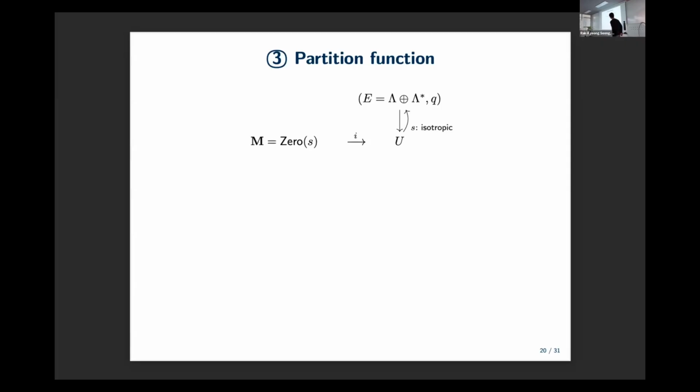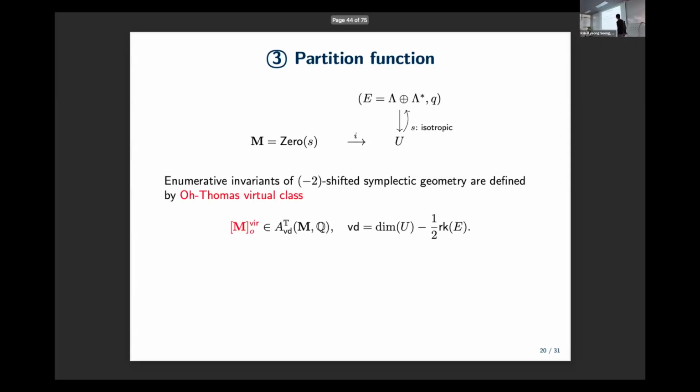So it's quite complicated as a local picture. But there is a theory to define invariance of such a local picture, or actually even a global picture, to define invariance in this local model, and that's called the orientable virtual class.